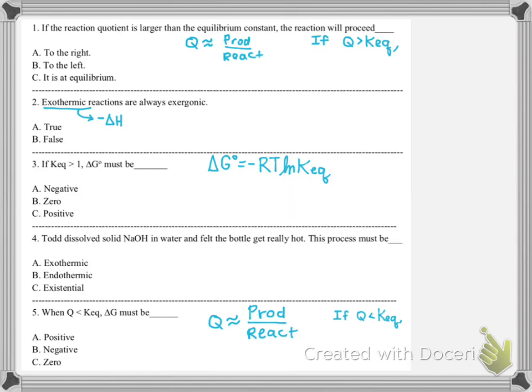The first one says, if the reaction quotient is larger than the equilibrium constant, the reaction will proceed in which direction? Our Q value is calculated the same way as our KEQ value, where it's our products to their coefficients divided by reactants to their coefficients.